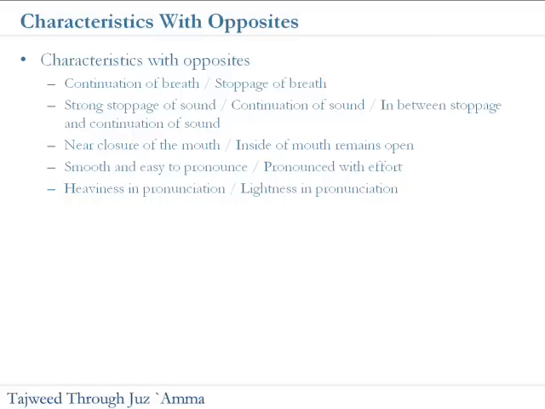Then we have the attribute of smooth and easy to pronounce, i.e. some letters are easy and very smooth to pronounce, other ones are produced with effort. We have heaviness in pronunciation, lightness in pronunciation. So most people know this as the light and heavy letters, which we will have another lesson on individually.